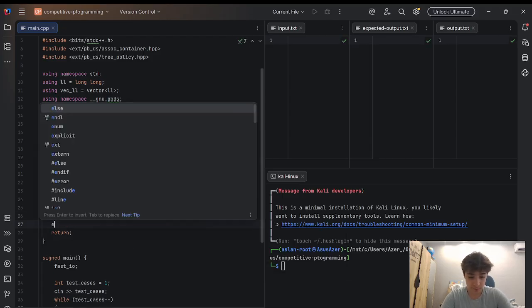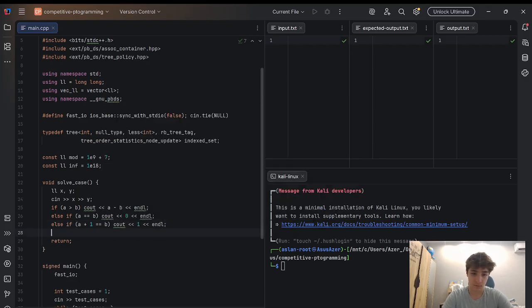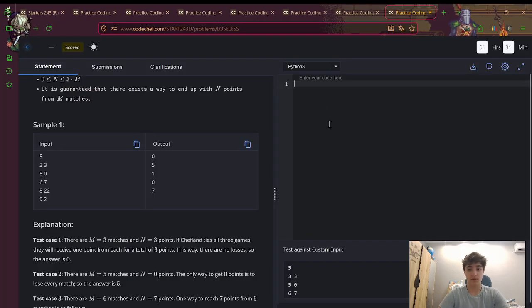So now find the else if again A equals to. Now wait a minute. If A plus 1 equals B, and c out 1, then else position give me 0. I could delete this, but never mind. That's not going to work.